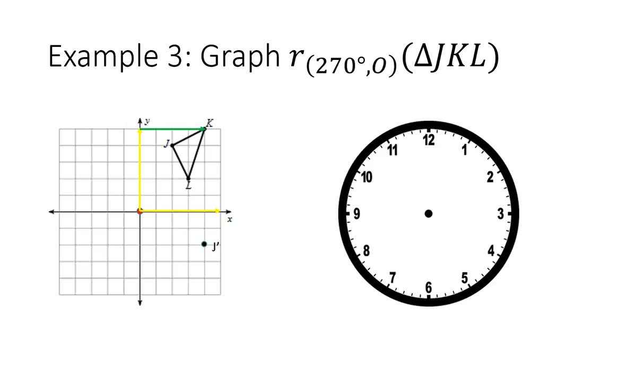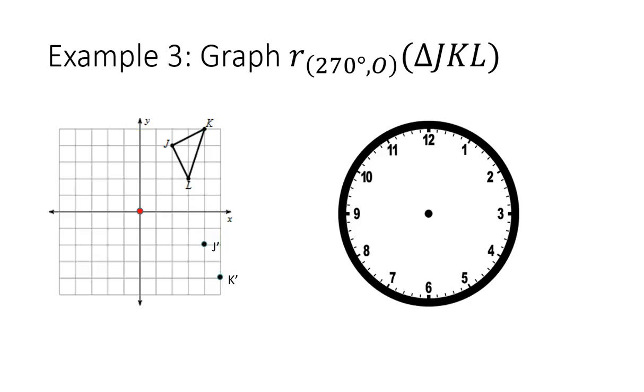And then the green arrow is 4 units, and it's at 3, but when it gets rotated, it'll be pointing towards the 6. And so I'll be going down 4 units towards the 6 o'clock to get my K prime.